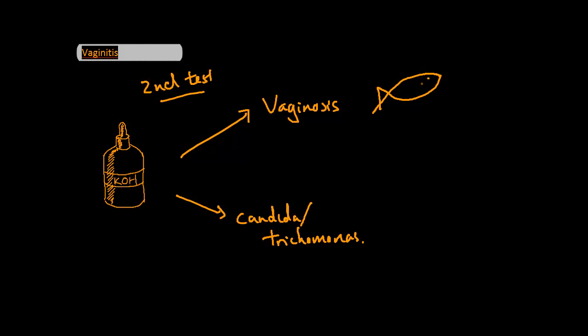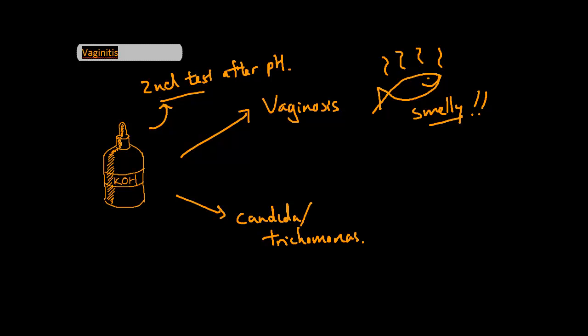Sometimes the fishy smell is even evident during the exam. And it's pretty darn fishy when you do smell this. So you can tell your attending with conviction that the patient has vaginosis, and you shouldn't really be trying to tweak your nose to smell the hint of fish. You get it. And I'm sure you already knew that adding KOH and then doing the pH test after will probably mess up your results. Hence, this is the second and not the first test.